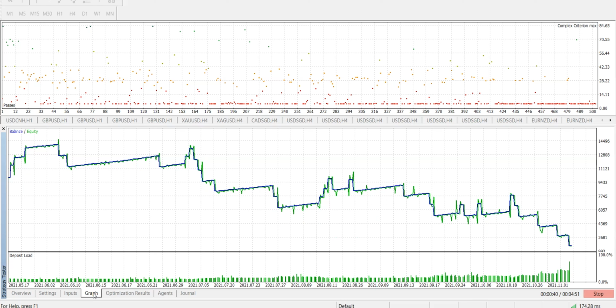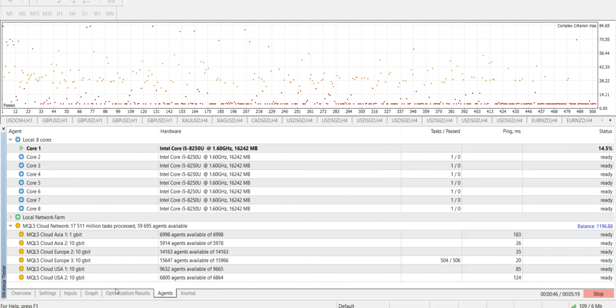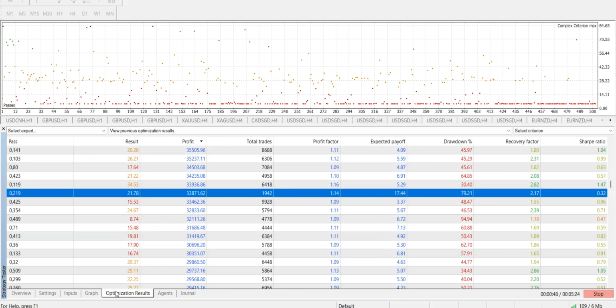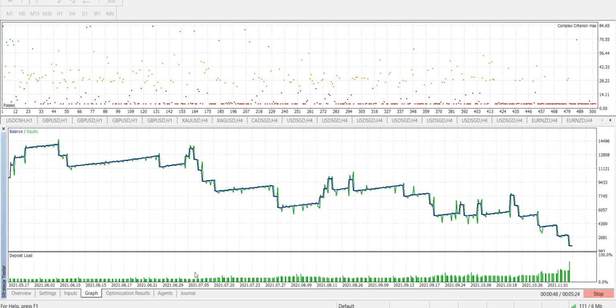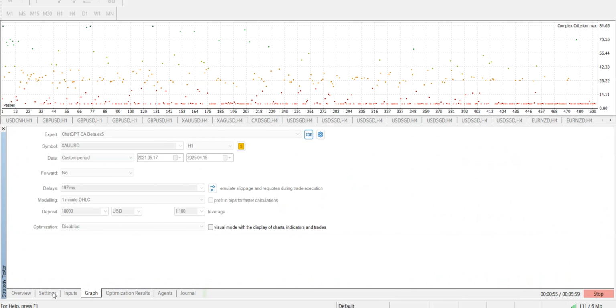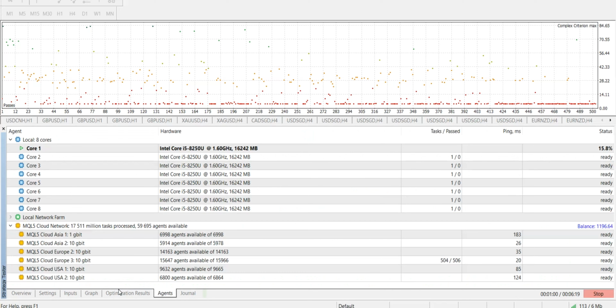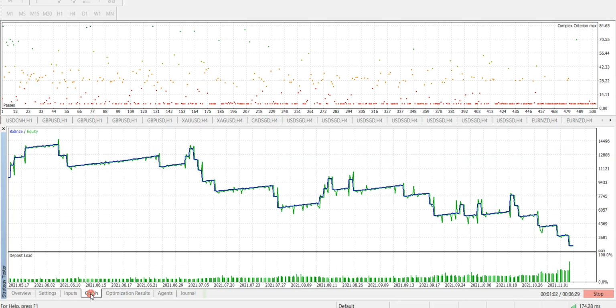What is happening here? I think my computer is not happy about this algorithm at all. That is why I'm using cloud computing for the optimizations, which is pretty fast. It doesn't matter what kind of CPU you have. Okay, let's continue.